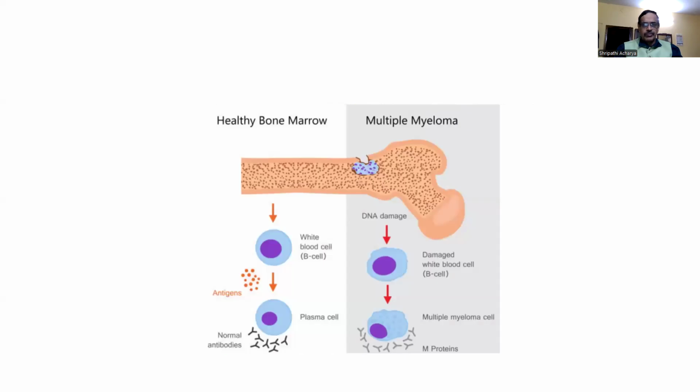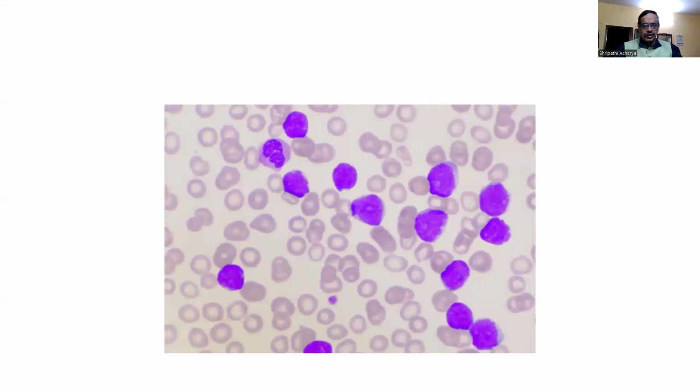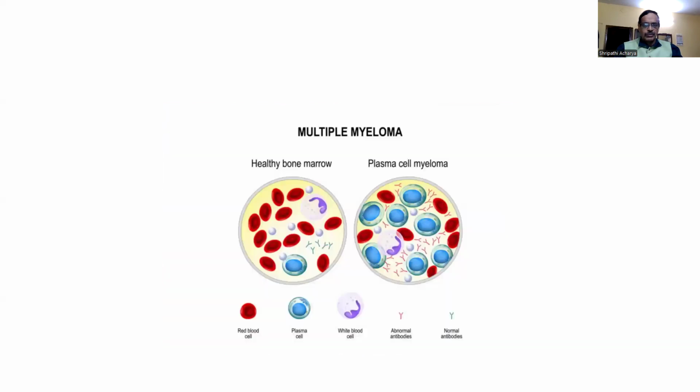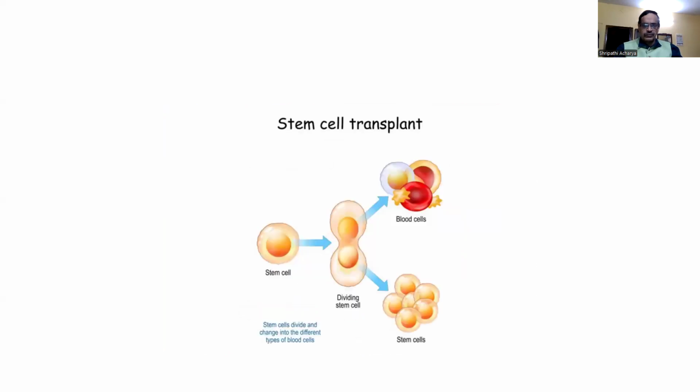Healthy bone marrow and multiple myeloma. Can see the cells. So multiple myeloma, the healthy bone marrow and the plasma cell myeloma. Stem cell transplant.